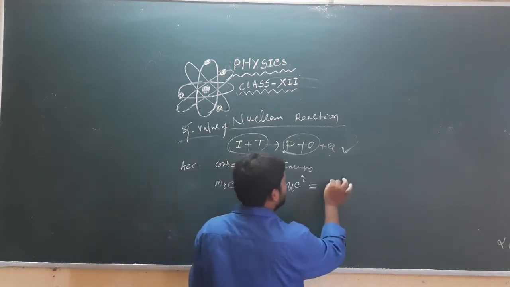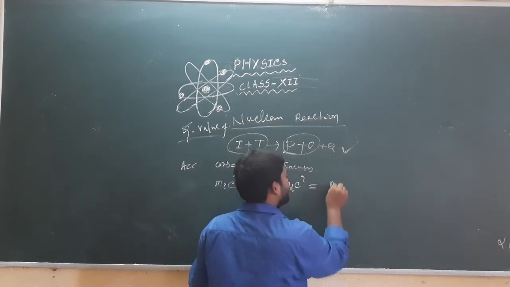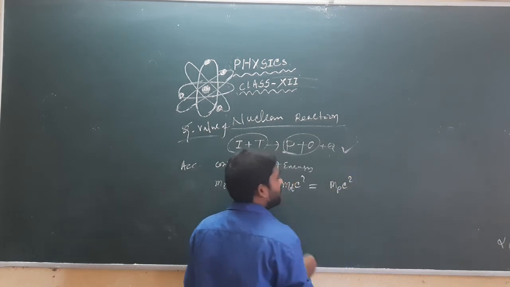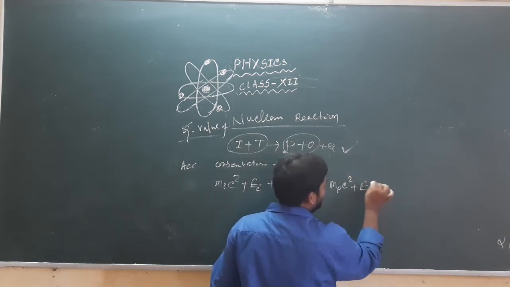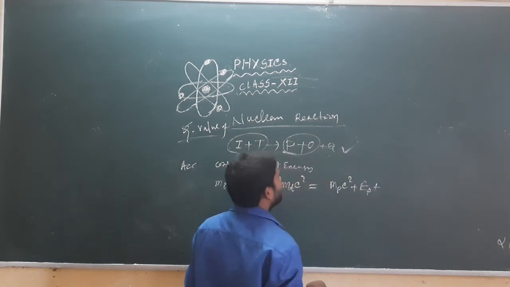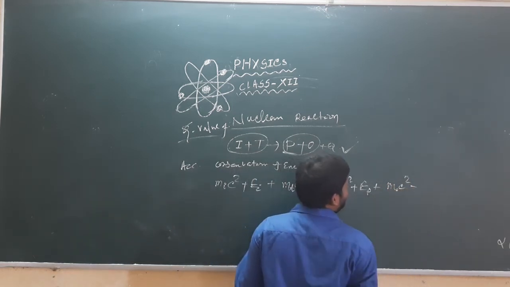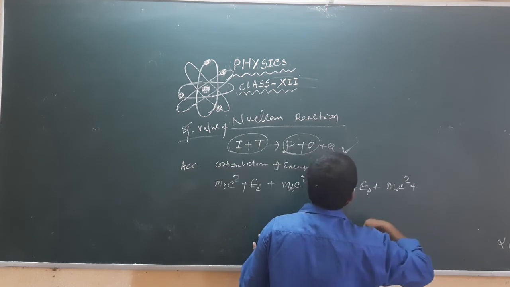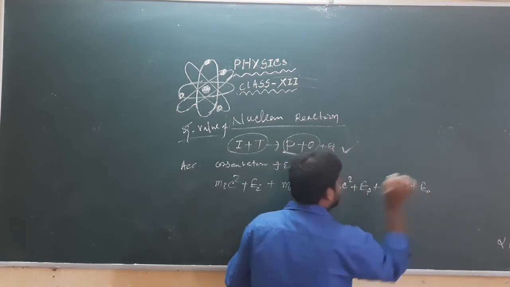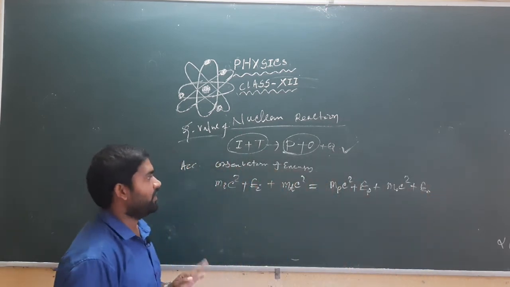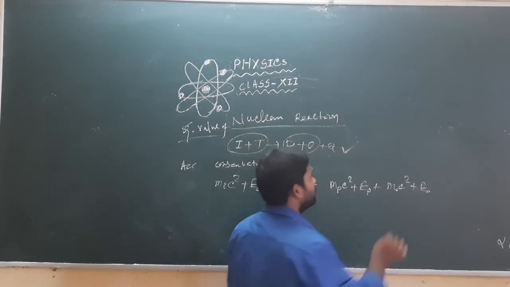Energy after reaction means the energy of the product, m_p c² plus E_p, plus the energy of the outgoing, m_o c² plus E_o. Okay, and what is the measure of Q?